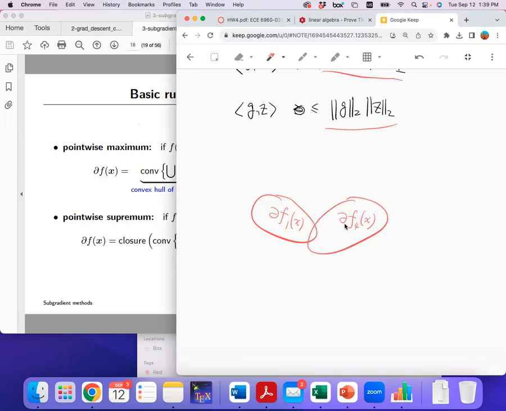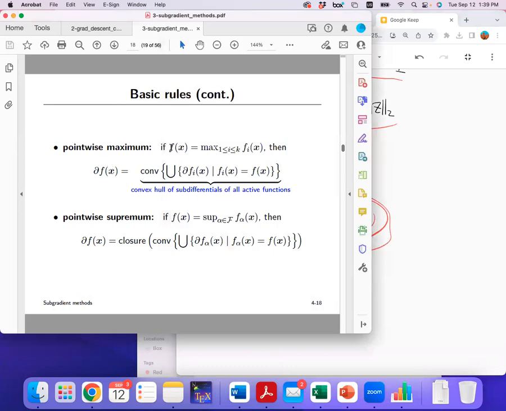These two functions are active at x. Now these are the subdifferentials. Take their union. Now, in the end, you need to consider their convex hull. Just consider the convex hull of these two sets. Everything within this convex hull is a subdifferential of f(x).